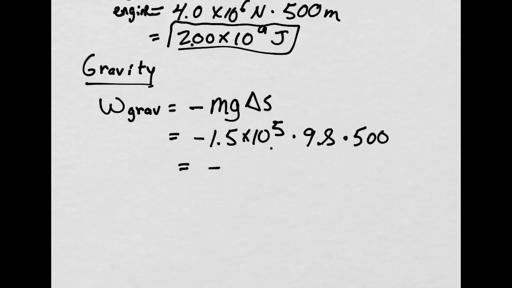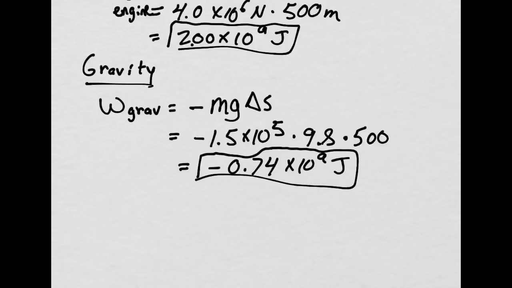This is negative 0.74 times 10 to the 9 joules. So this is the work done by the gravitational force. Remember, you have to do every single force in the problem. So it's not just the engine, it's also gravity.